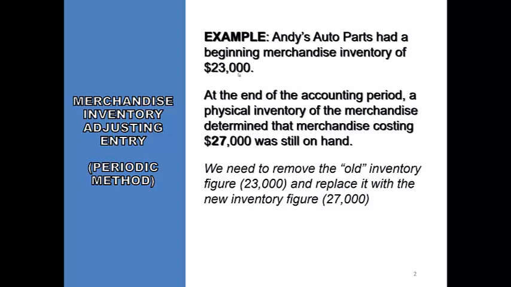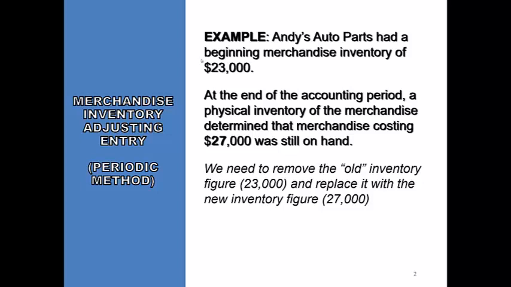Remember, this beginning balance started on January 1st and it stayed on the books all the way until the end of the year. So here we are at the end of the year and we've counted to see what our actual inventory really is. So it's $27,000.